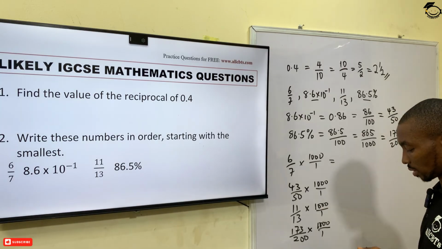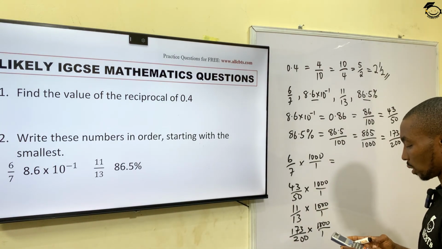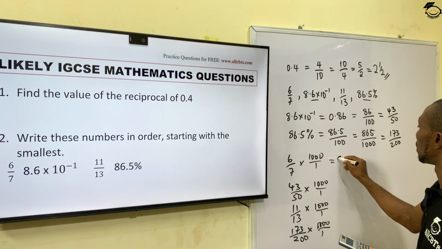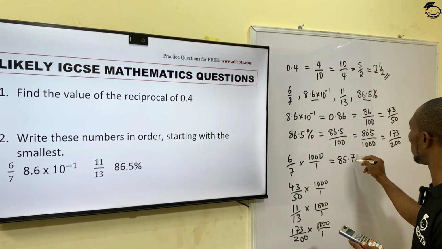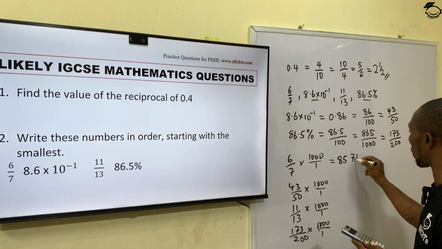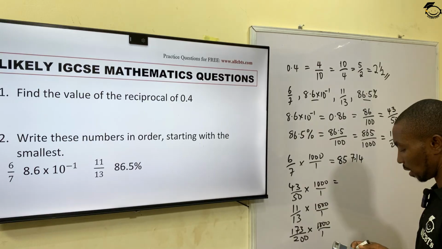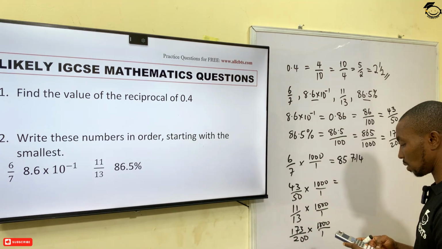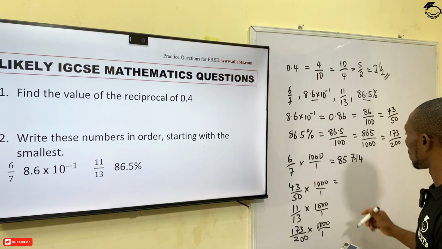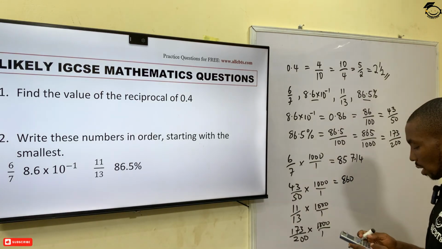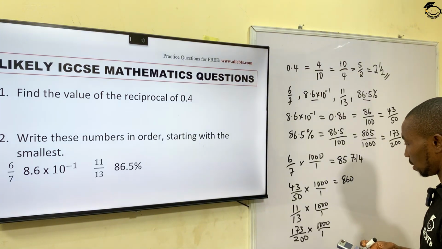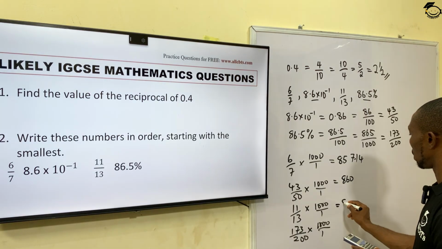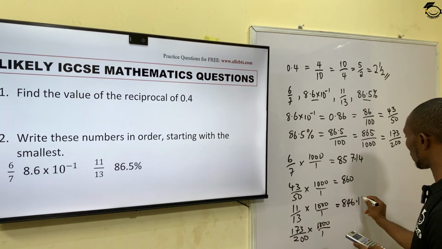So 6 times 1,000 divided by 7 gives us 857.14. 1,000 divided by 50 times 43 gives us 860. 1,000 divided by 13 times 11 gives us 846.15.